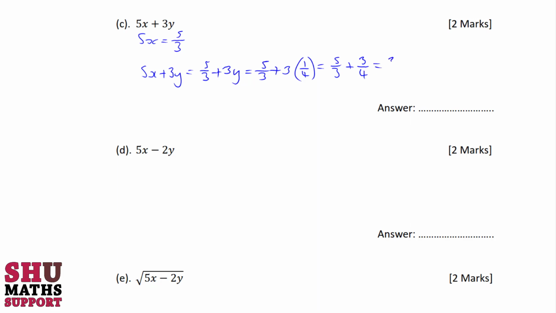So if we have 20 over 12 plus 9 over 12, then that's equal to 29 over 12, and we can't simplify that anymore, so our final answer is 29 over 12.